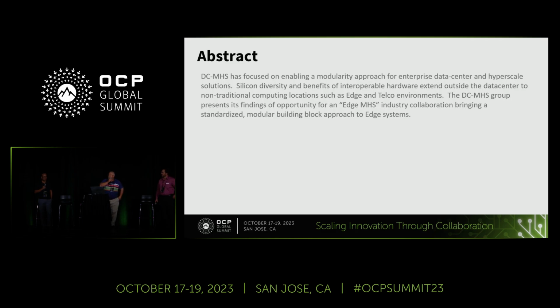I just watched the end of the last presentation. Obviously, Open Edge has been quite successful within the OCP, but that's one type of Edge system, and there are a lot of Edge systems. We'll talk about how our vision is to have Edge building blocks that you can use to build multiple types of systems, up to and possibly even including this.